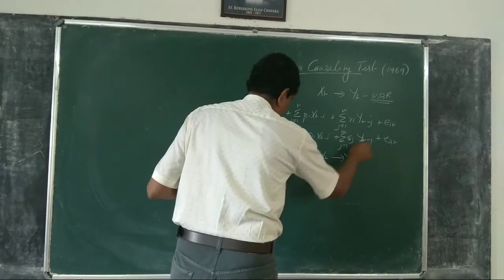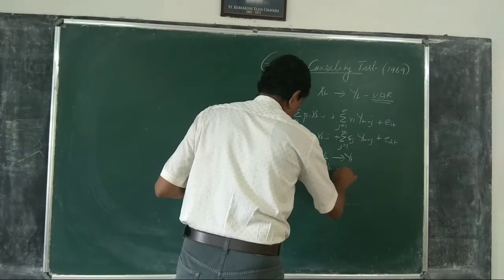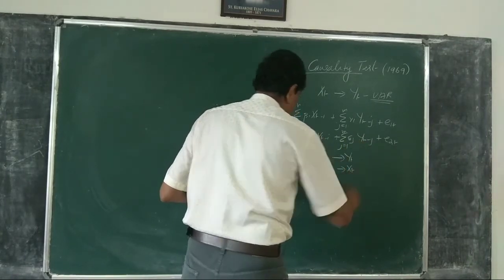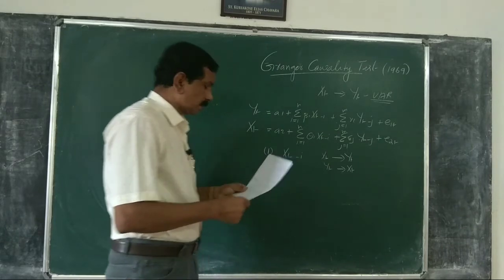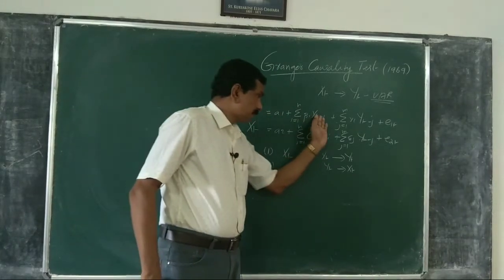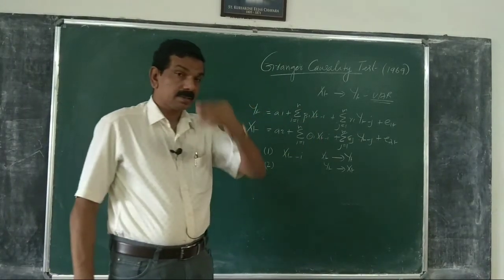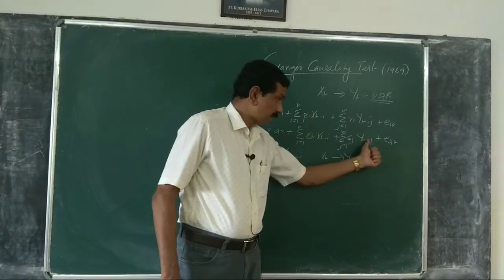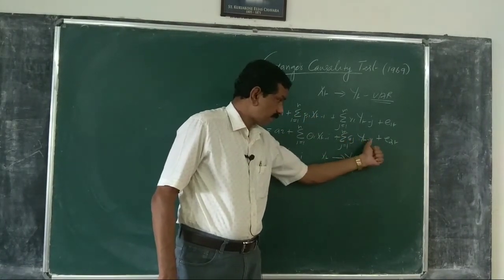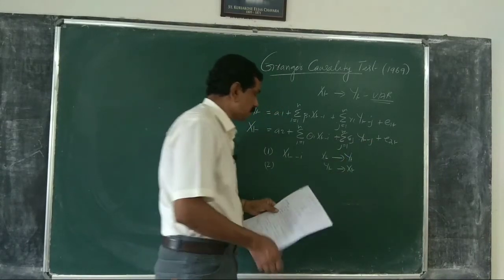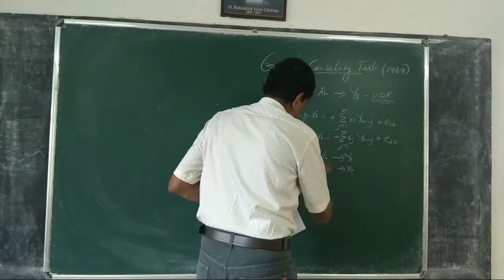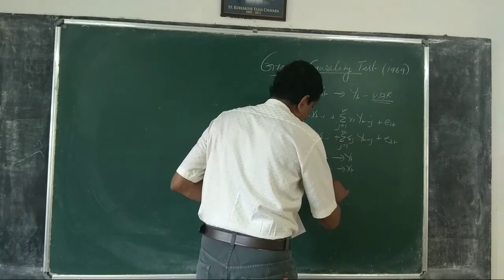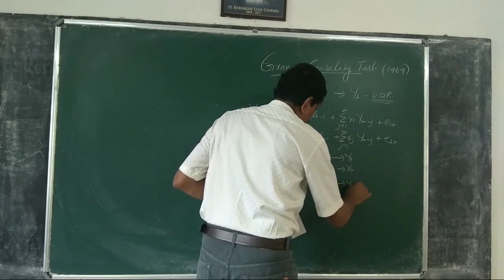Then we will say that yt causes xt. Then if lagged values of x are statistically different from 0 in the first and lagged values of y are statistically different from 0 in the next, then xt causes yt and yt causes xt.